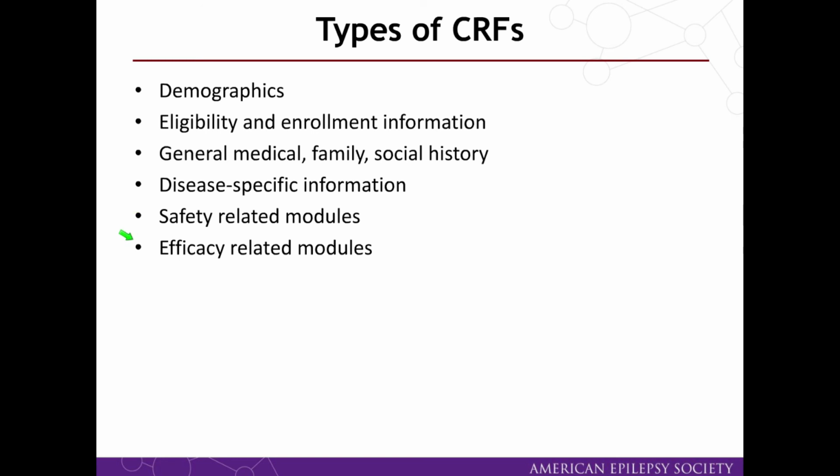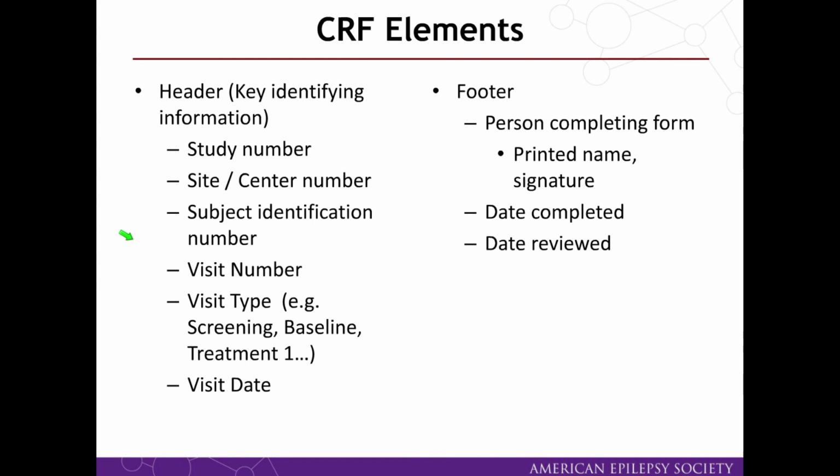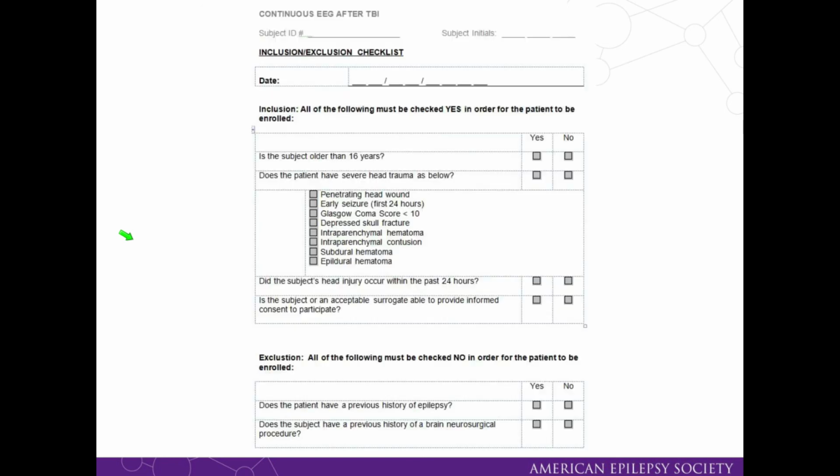So let's look at some examples of this. Each CRF, each case report form, will have some identifying information in the header, and then in the footer, information about who completed the form, when it was completed, and the date reviewed. So here's an example. This was an EEG study that we had done looking at continuous EEG after traumatic brain injury.